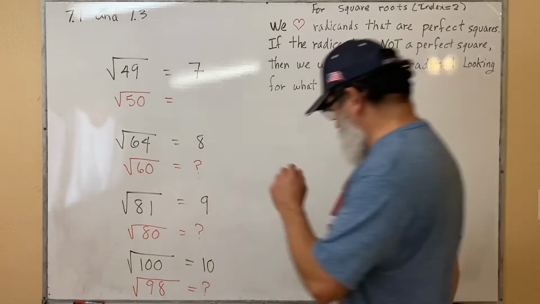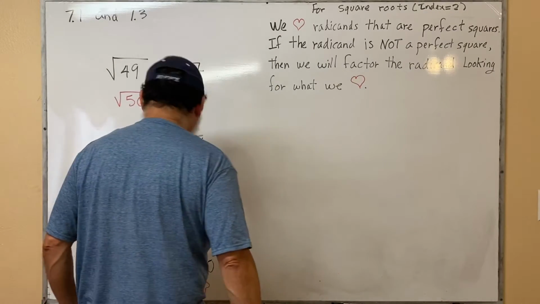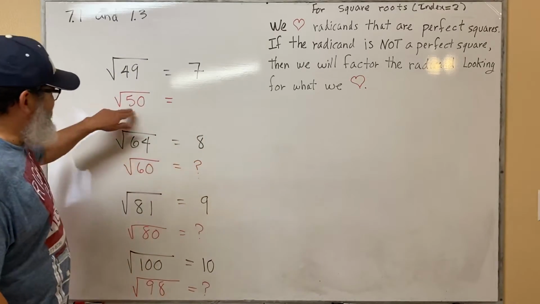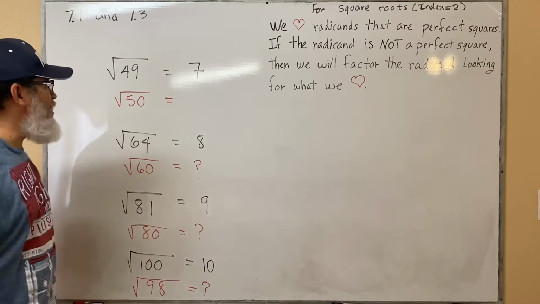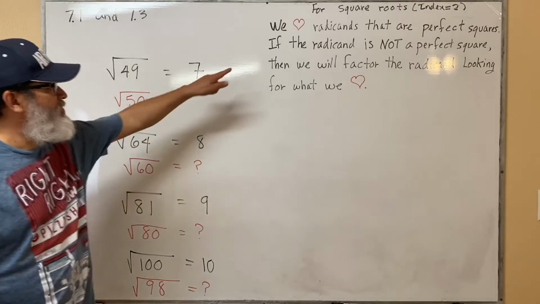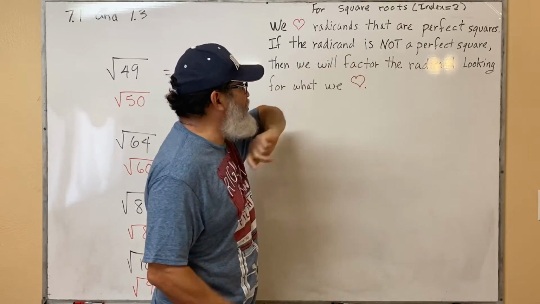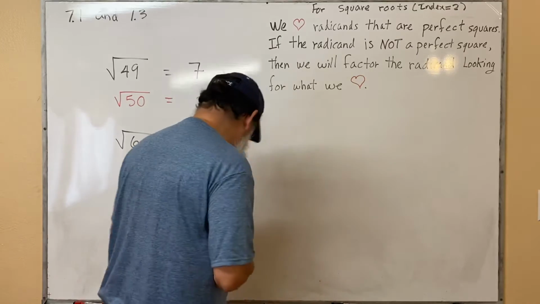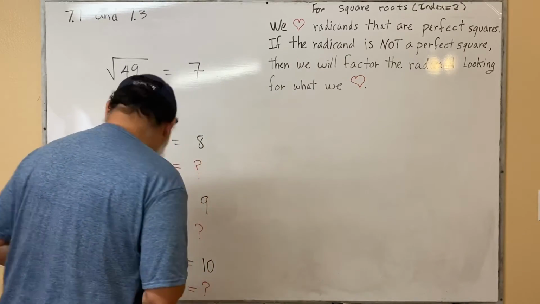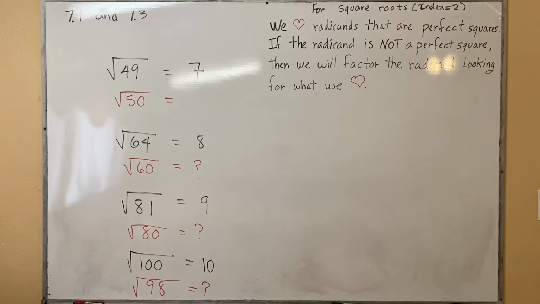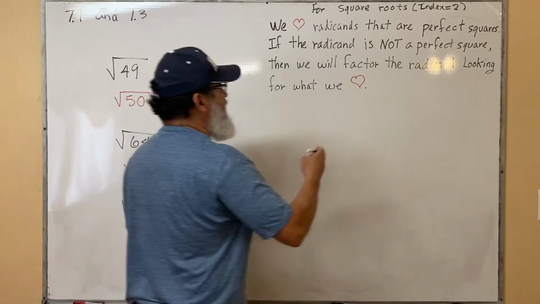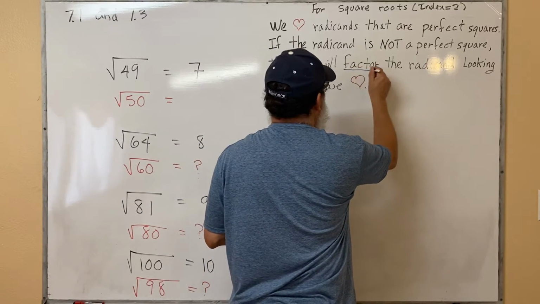All right, so we're back. So 50, not a perfect square, no problem. If the radicand is not a perfect square, then factor. You want to highlight factor right here.